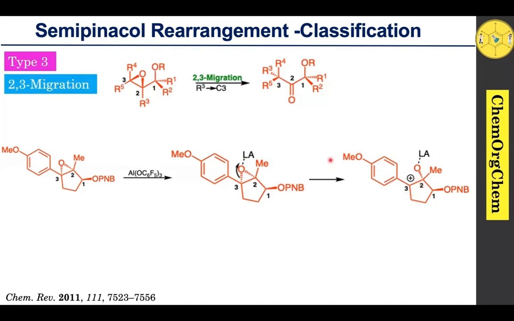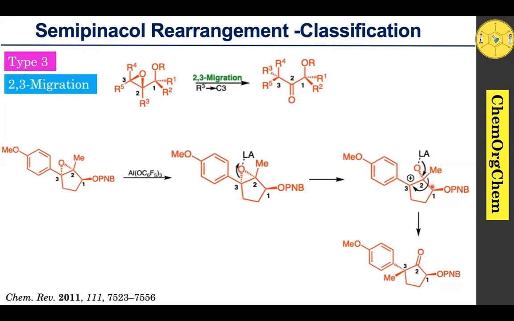Now you see this carbocation intermediate will be stabilized by this 4-methyl phenyl group. So now you see what happened. This electron shifted here. At the same time, the second carbon containing the methyl group, this methyl group migrated from the second carbon to the third carbon, which leads to generate the corresponding ketone as a product.